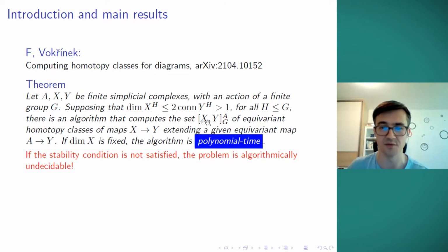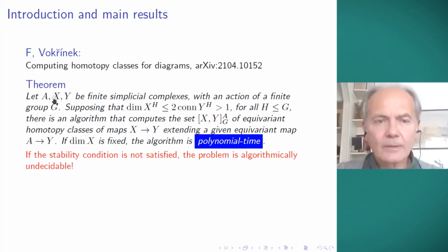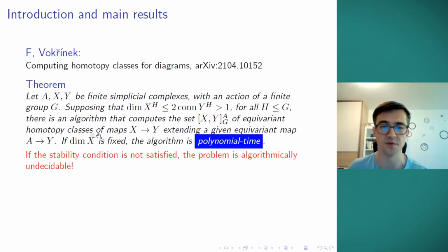Well, the set will turn out to be some nice algebraic structure, a set of all equivariant homotopy classes of maps. And when you assume that you have some subcomplex A of X, then you can talk about homotopy classes of maps extending something already given.